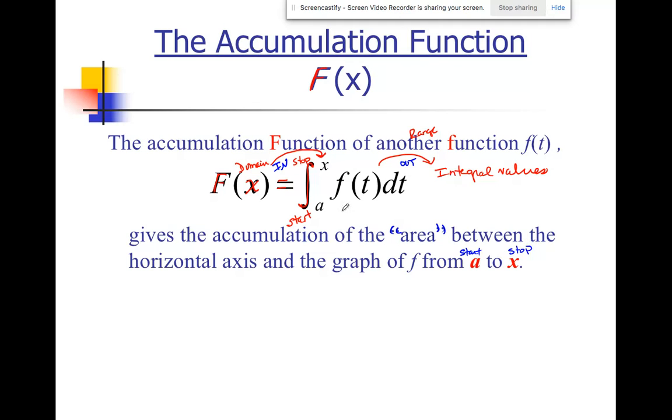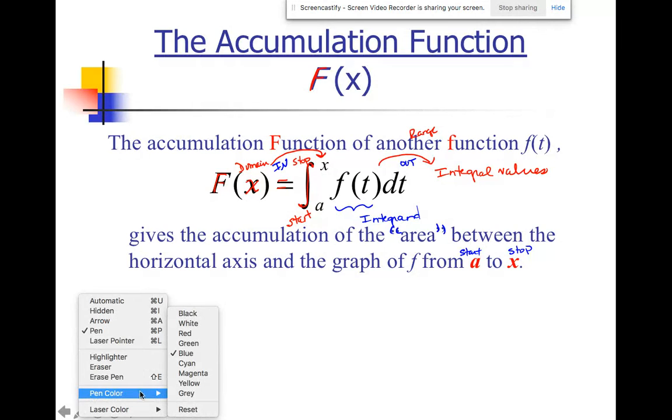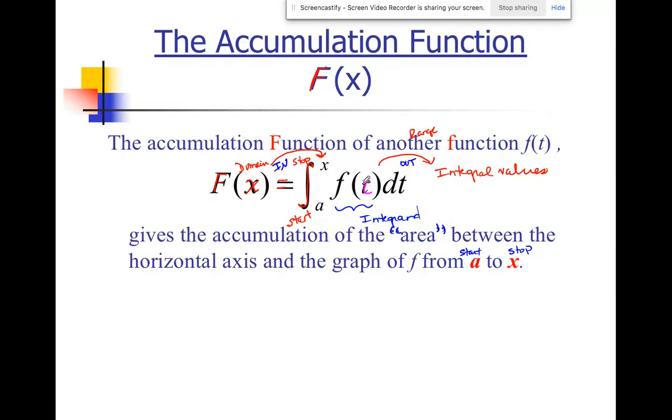That's kind of weird. Little f is the integrand. And if you'll notice, little f has t's in it. The t is called the dummy variable. It's called the dummy variable because you've been dealing with functions for a long time.